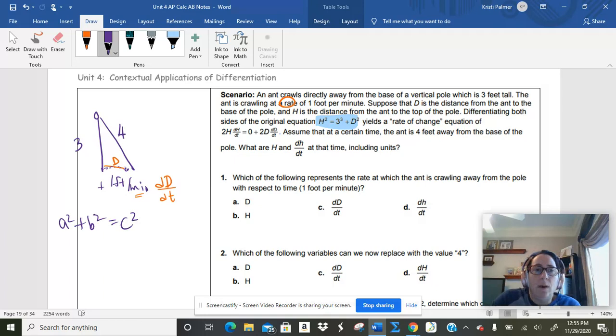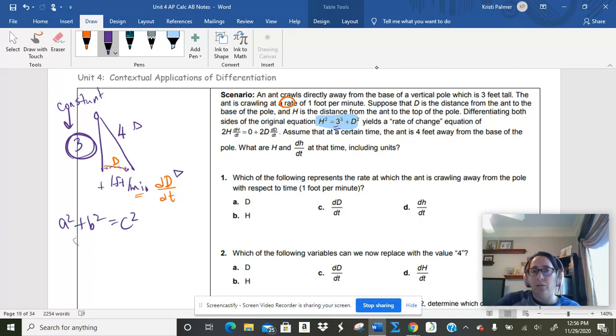Why did they go ahead and plug in the 3? See how they have h and d? Both of these are changing, but this guy is constant. The pole height stays exactly the same. So that's why they went ahead and plugged it in. Okay, but let's keep going.